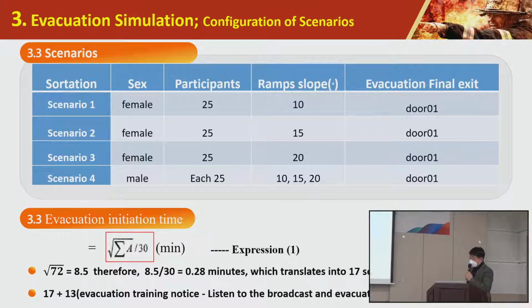Scenario 4 targets male students, 25 people. Also, the slope was changed to 10 degrees, 15 degrees, and 20 degrees.